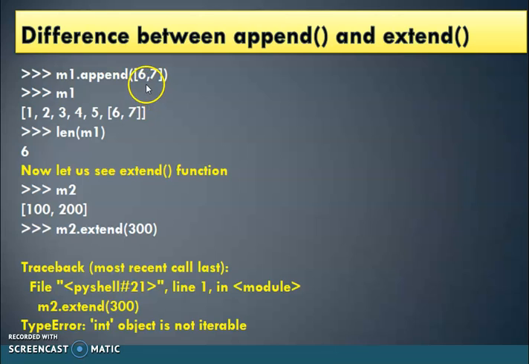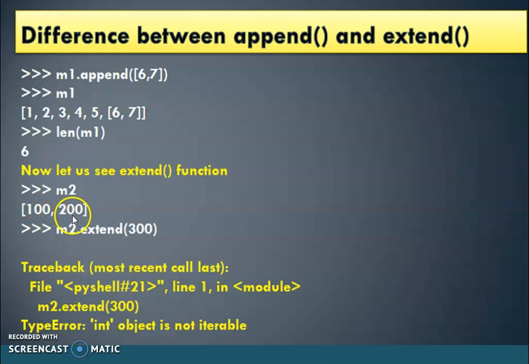Here, M1.append([6, 7]): we are passing only a single list, so that list will be taken as one element, and we add that element at the end of the list. So len(M1) will give 6.